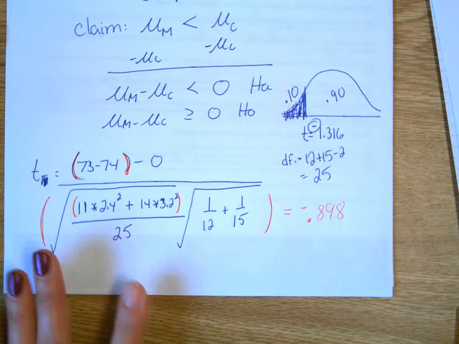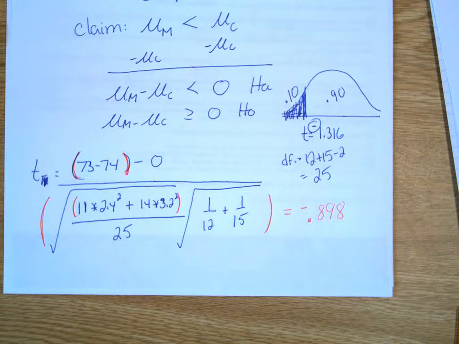Okay, you need a way to get through this. If you have to do it in parts, then you do it in parts. But let's see if I can do it in one line. All right, 73 minus 74 divided by square root. I need a numerator. 11 times, plus 14, divided by.